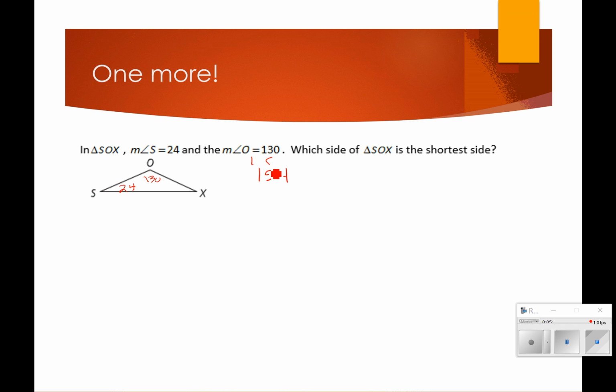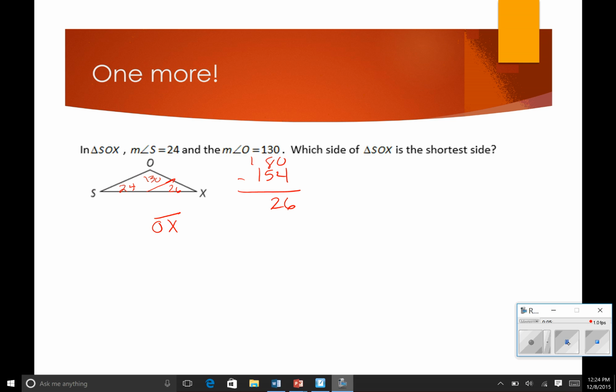And then 180 minus 154 is going to give us 26. So our shortest side is going to be side OX, because it is opposite the angle that is 24.